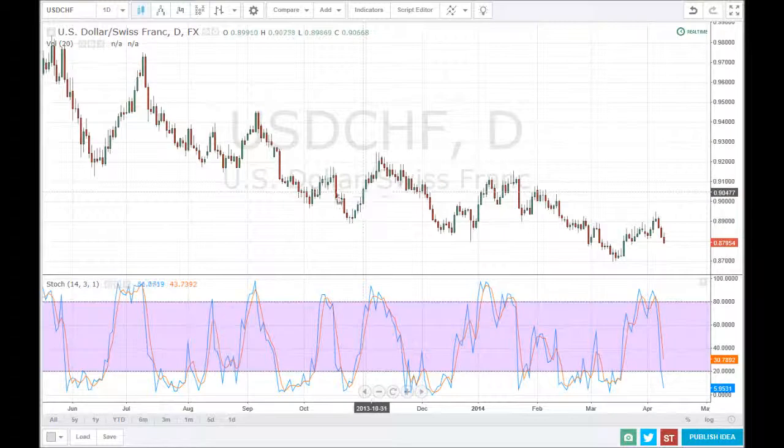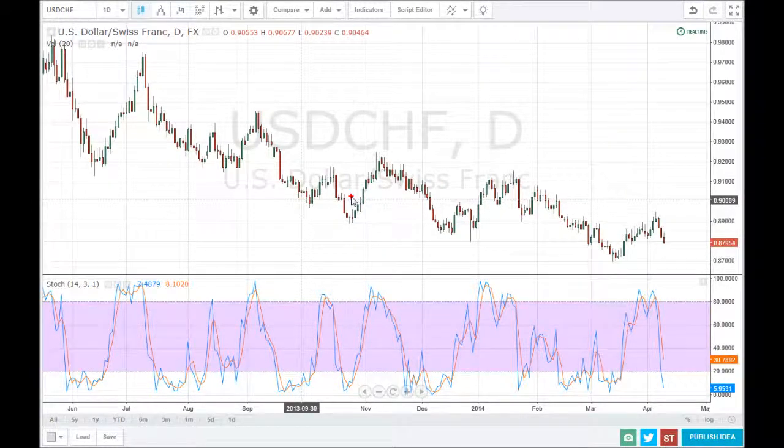There's a nice signal here. We have another pullback, a big pin bar here, and our stochastic agrees that markets are overbought and price could fall on the downside, and soon after price does.